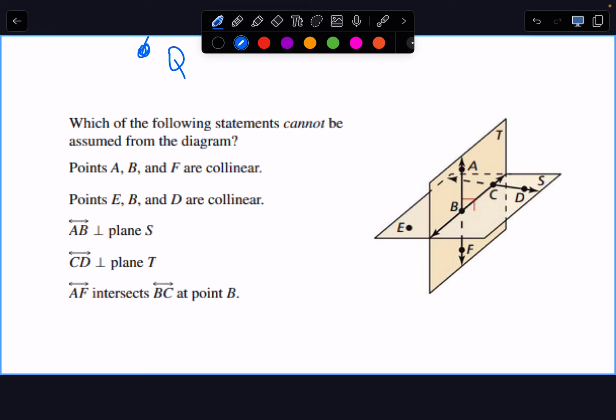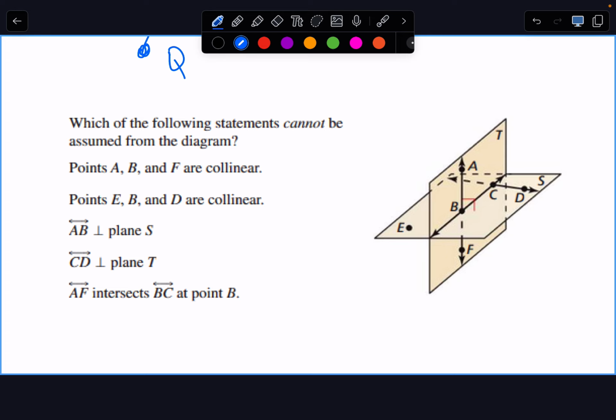No, that's wrong. Oh, you know what? I don't know if we've talked about this officially. These mean perpendicular. That little weird symbol. Perpendicular. AB starts at... So check mark.